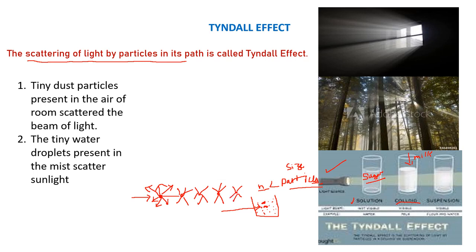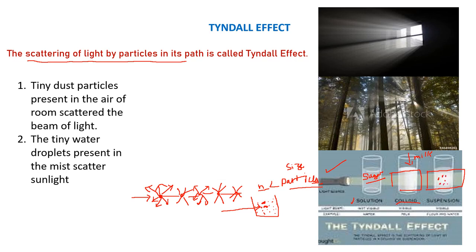So the throwing of light in different directions is called scattering of light. Due to the scattering of light, we are able to see the path of the light here, even in the suspension. In the suspension, the particles are even bigger, right?